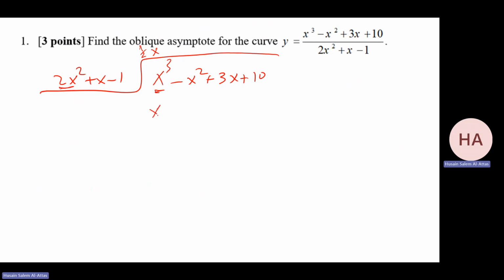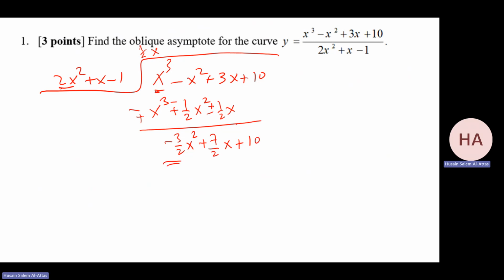Multiply, you have x cubed plus half x squared minus half x. Change minus plus. So this is minus 3 over 2x squared plus 7 over 2x plus 10.